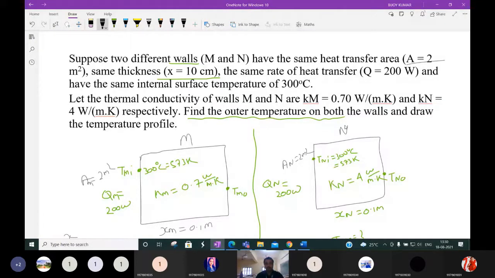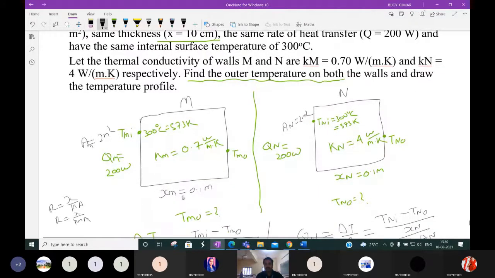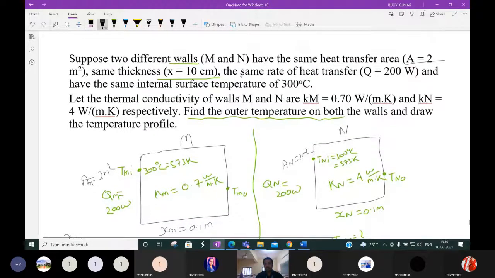Suppose for wall M it is 2 meter square, and for wall N it is 2 meter square, AM and AN. They have the same thickness. Suppose XM is 0.1 meter, XN is equal to 0.1 meter. Same rate of heat transfer, it is 200 watt, it is 200 watt.